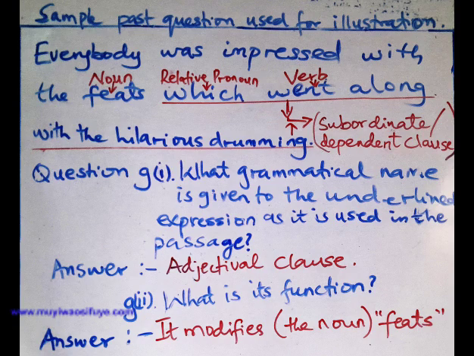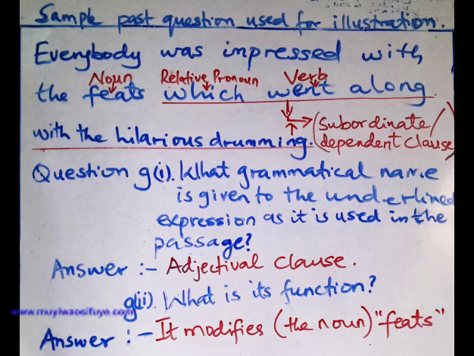Now let's look at the second part of the question, which is G2. The first one we answered was G1. Here the question asked is: state the function. To state the function, you have to look at the underlined expression to find out if it is a phrase or a clause by identifying if there is a verb or not.